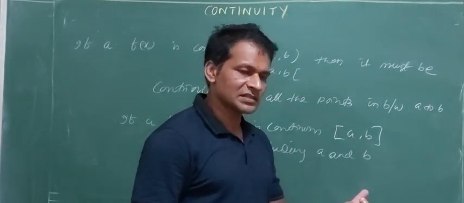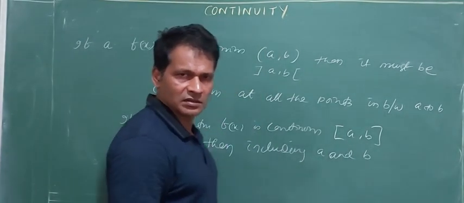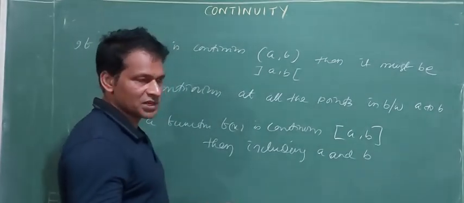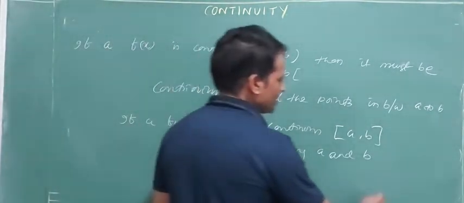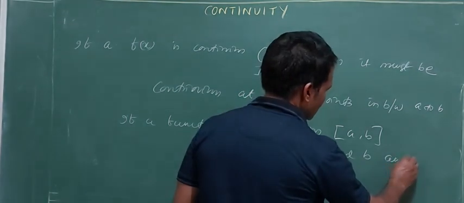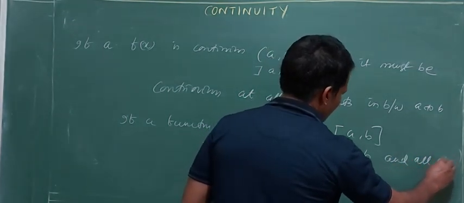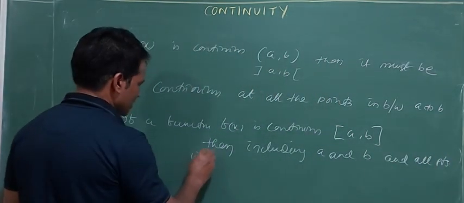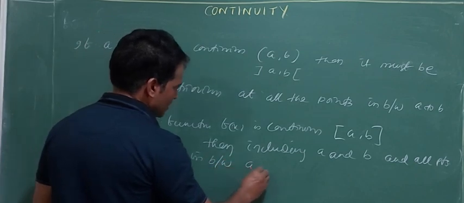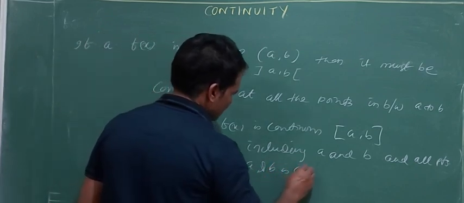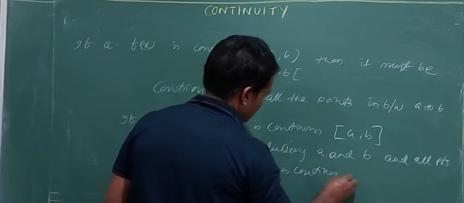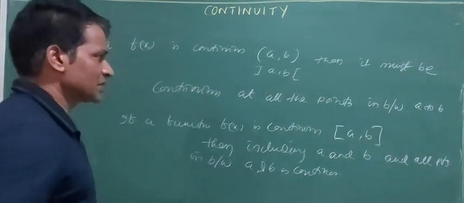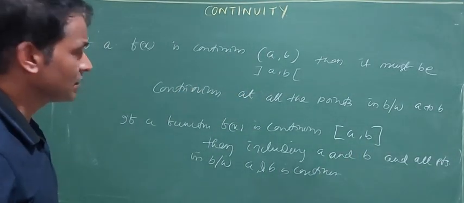That means in this case a and b are also included, the two endpoints, because it is a closed interval. So including a and b and all points in between a and b it is continuous. So we will go with the question from this side, this particular continuity interval. Okay.